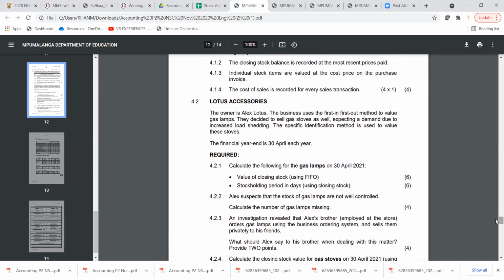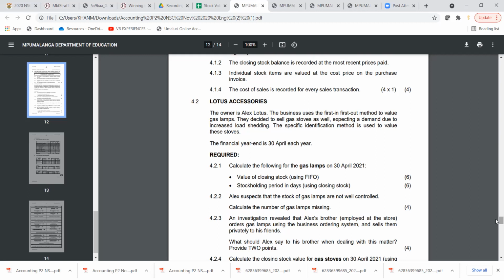As you could see, we needed it to calculate closing inventory, missing units, and cost of sales. Okay, so just make sure you know that.